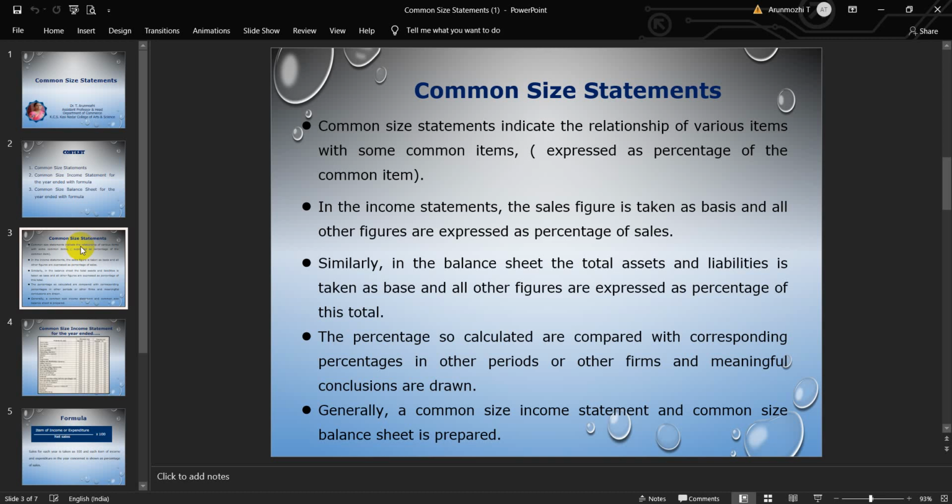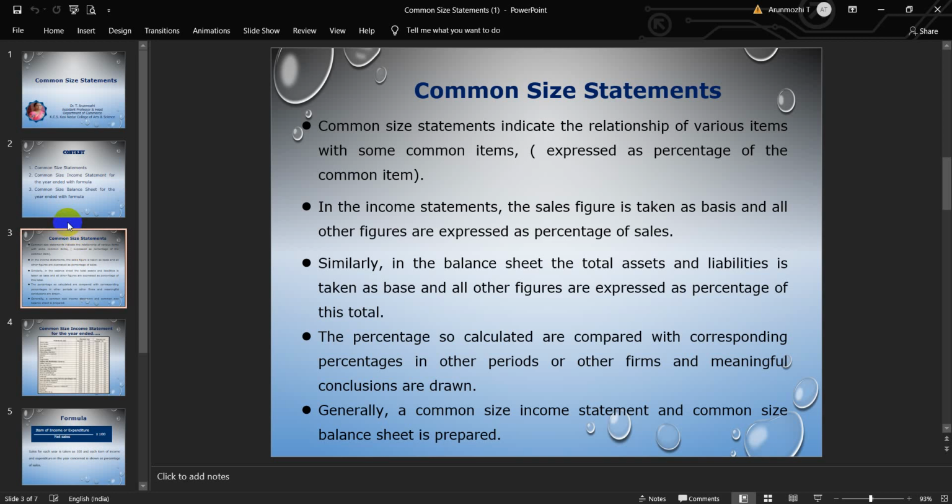Similarly, in the balance sheet, the total assets and liabilities is taken as base and all other figures are expressed as percentage of this total. The percentages so calculated are compared with corresponding percentages in other periods or other firms and meaningful conclusions are drawn.